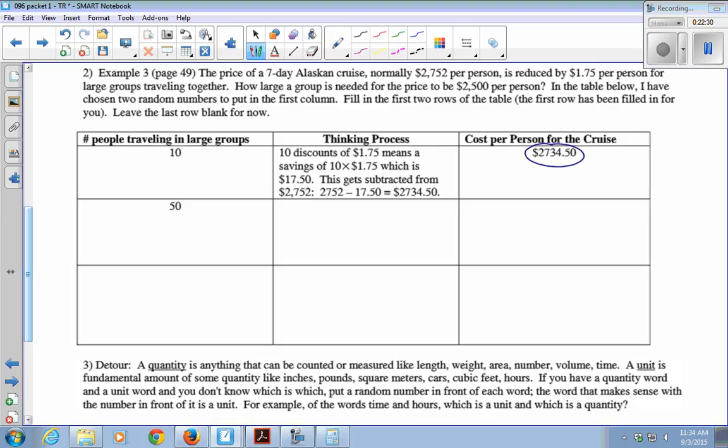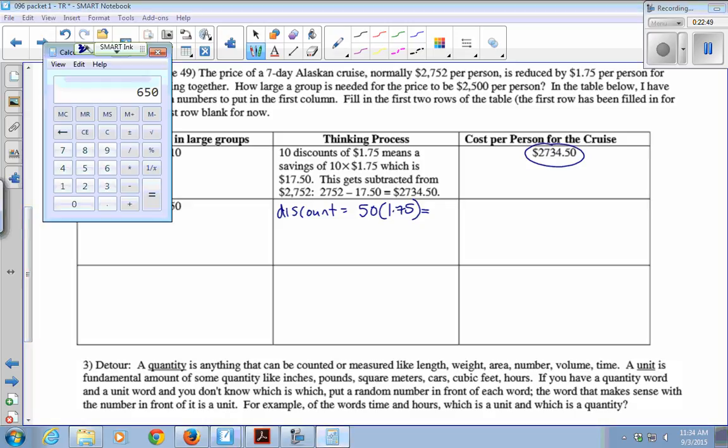So what if we had 50 people in our group? We would get 50 discounts of $1.75, right? So our discount amount is going to be 50 times $1.75, which is $87.50.